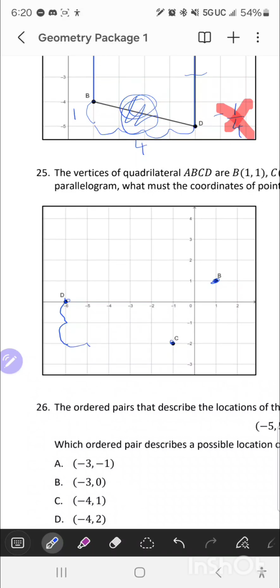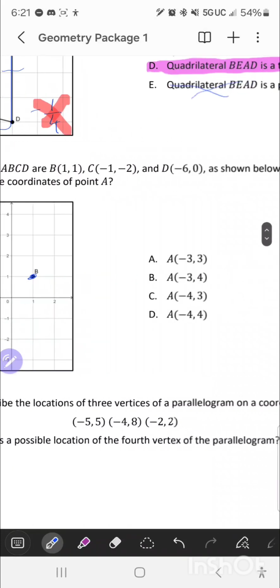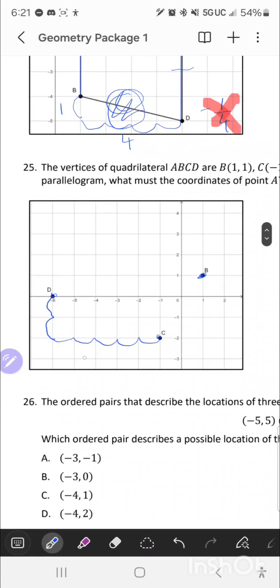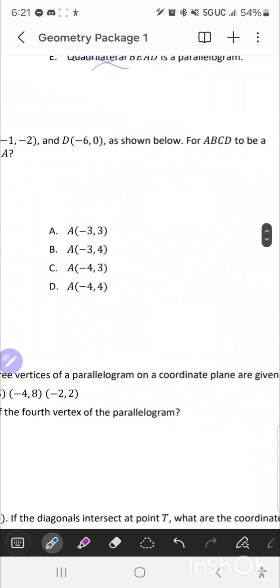This is 1, 2, 3, 4, 5. So I know that the opposite sides need to be parallel to this one, so they need to have the same 5 clouds here and 2 clouds here in the y coordinate.